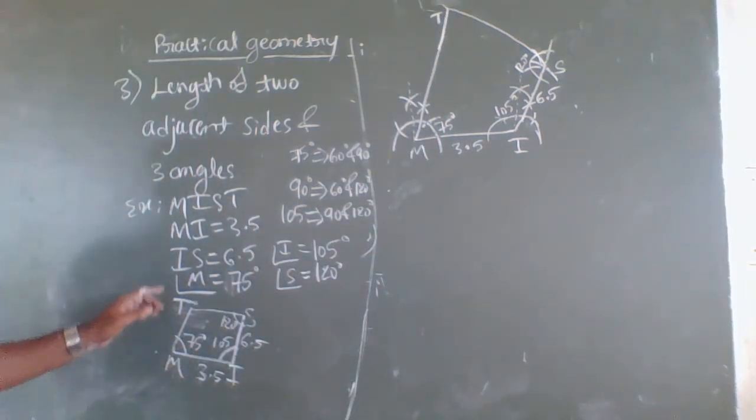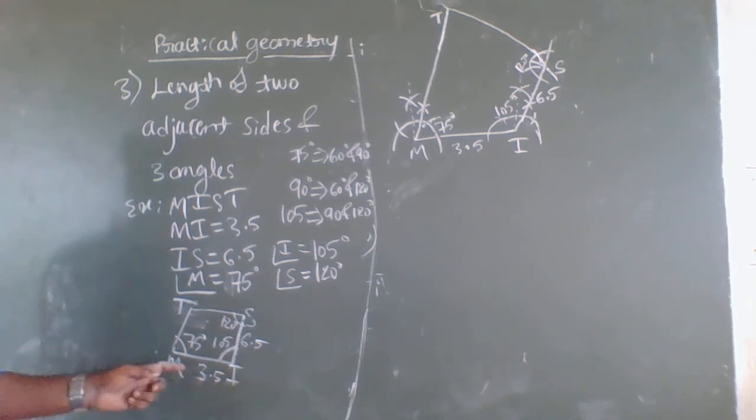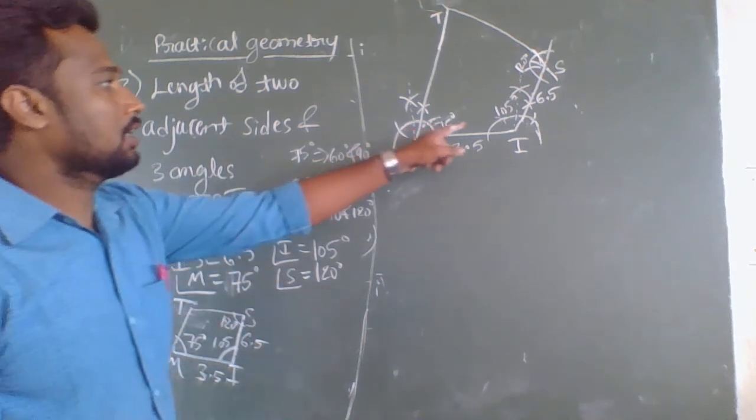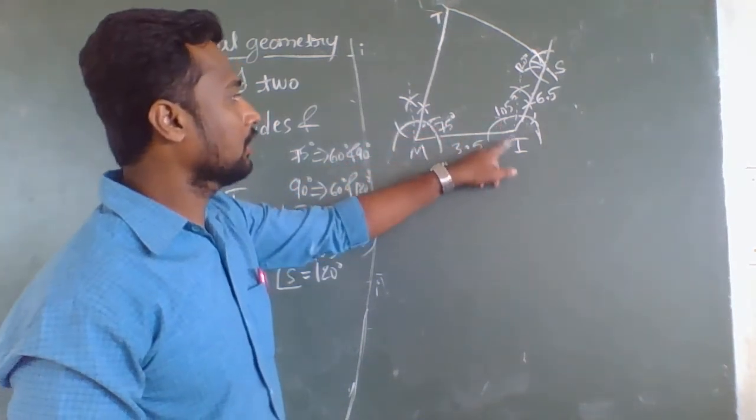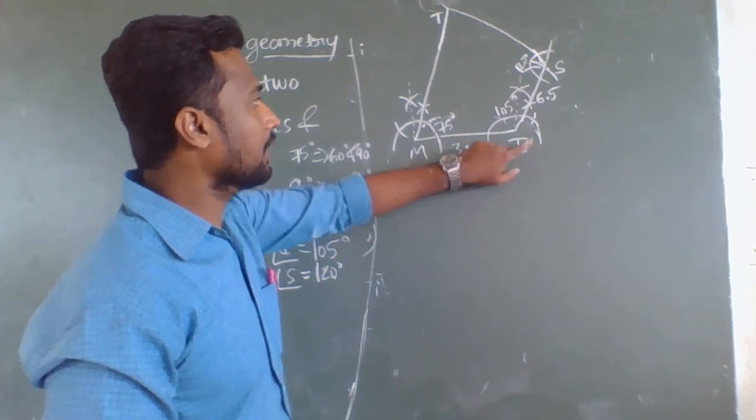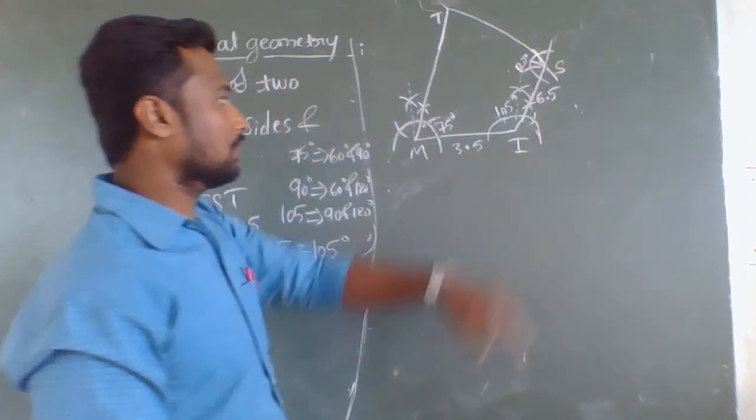So first, MI is the baseline, this is 75 degrees and this is 105 degrees, and from point I this is 6.5 centimeters.